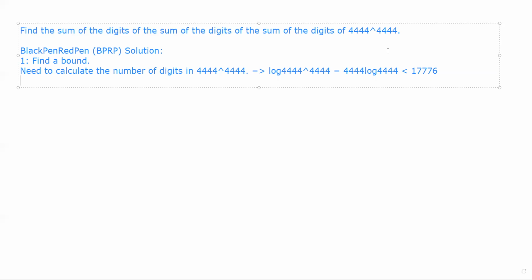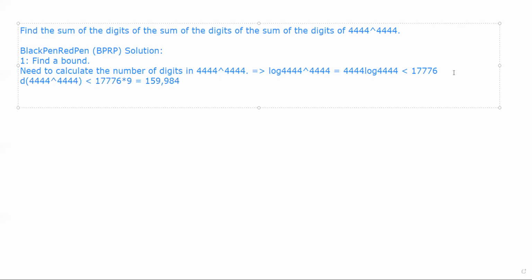So we can replace all the digits of 17776 with 9. So the digit sum D of 4444 to the power of 4444 is less than 17776 times 9, which calculates to be 159,984.